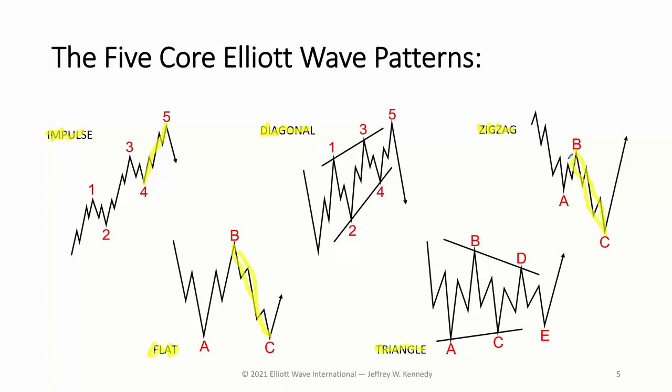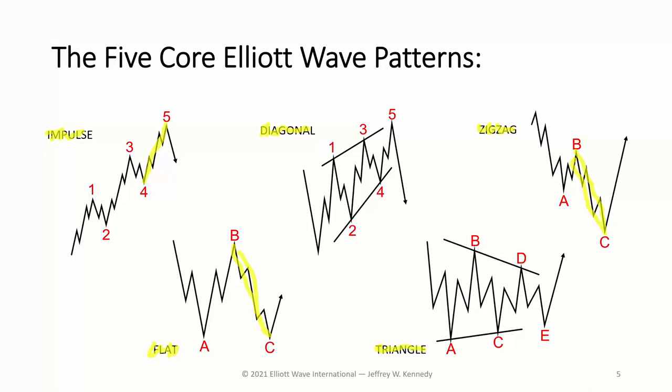Okay, triangles are precursors. Triangles are a precursor of a final event coming. It's like, hey, you see a triangle, watch out, because that triangle is always, no exception. Well, there is one exception, but it's very rare. It has to do with complex corrections.